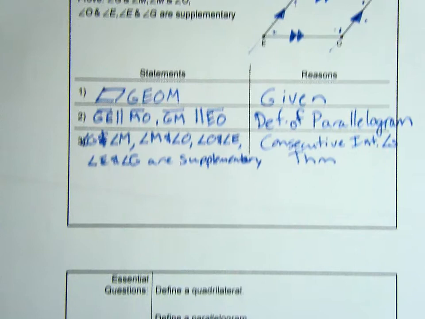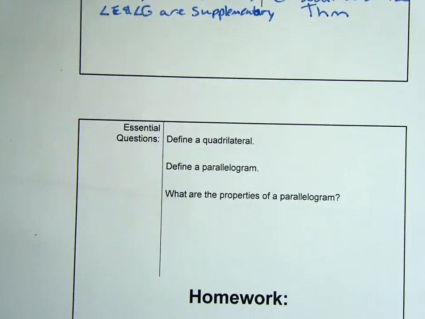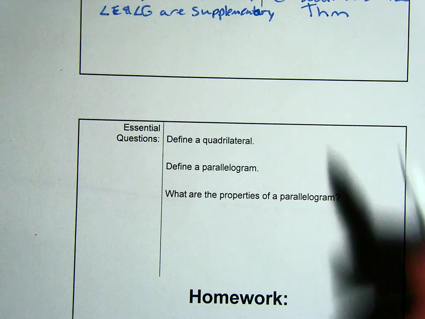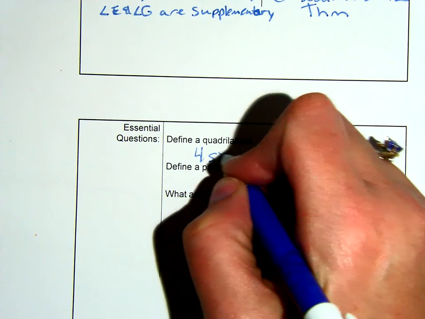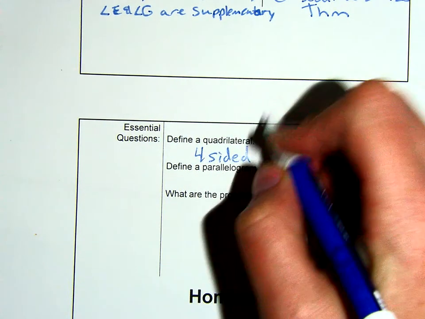So at the end of this section, you should be able to define a quadrilateral, define a parallelogram, and state the properties of a parallelogram. Our definition of a quadrilateral is a four-sided polygon.